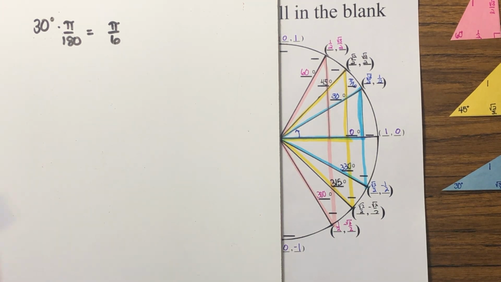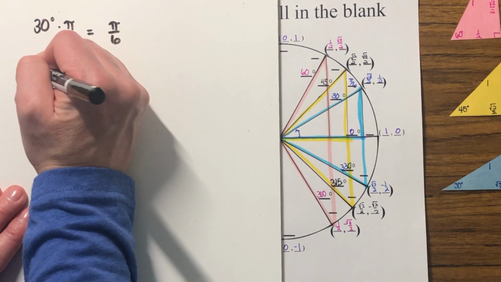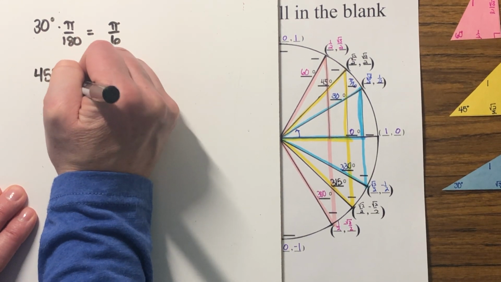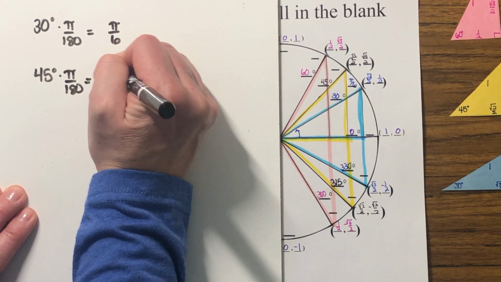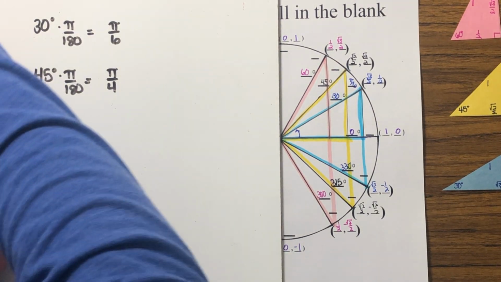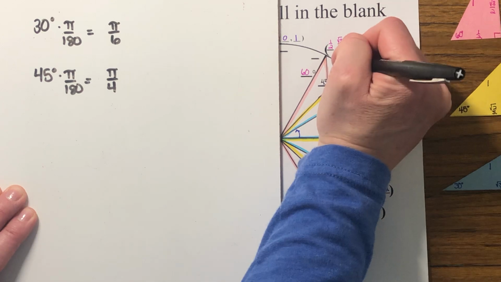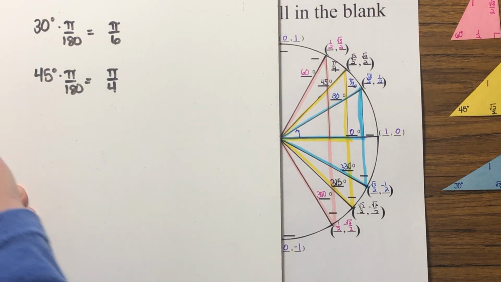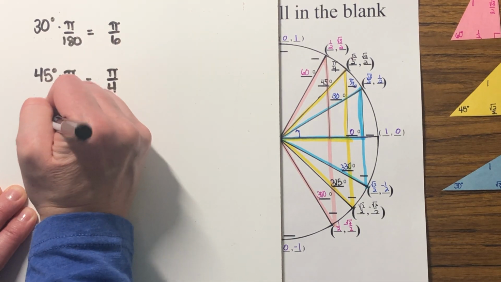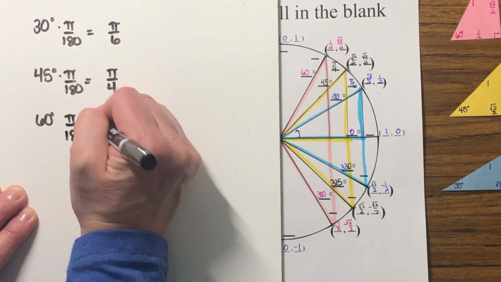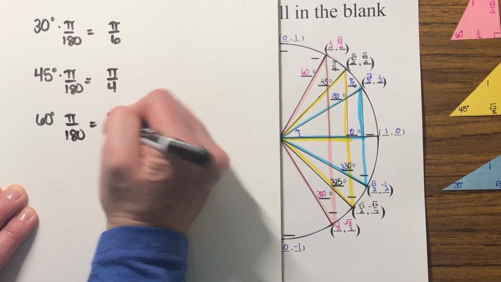Okay, let's keep going. If I do 45 and convert it with pi over 180, we get pi over 4, because 45 goes into 180 4 times. So this one will be pi over 4. And 60 times pi over 180 is going to be pi over 3.